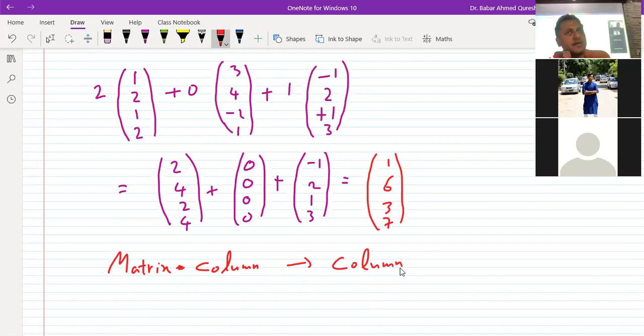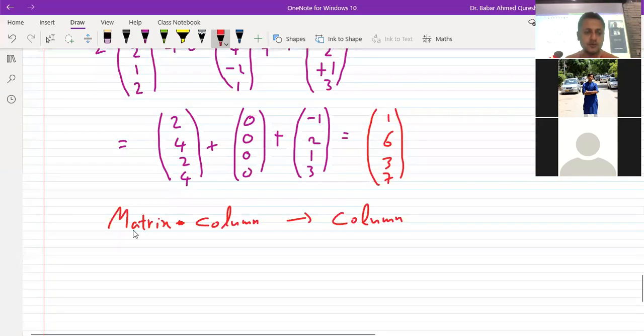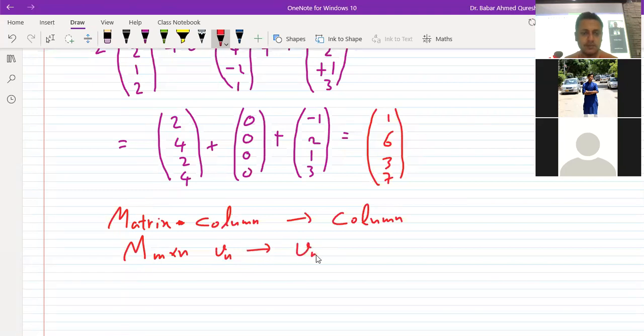But I multiplied with a three-dimensional column, and I got back a four-dimensional column because I get back a combination of the vectors inside the matrix, which happen to be in this example four-dimensional. So I'll get that dimensionality back. So you multiply m by n with an n-dimensional vector, you get back an m-dimensional vector.